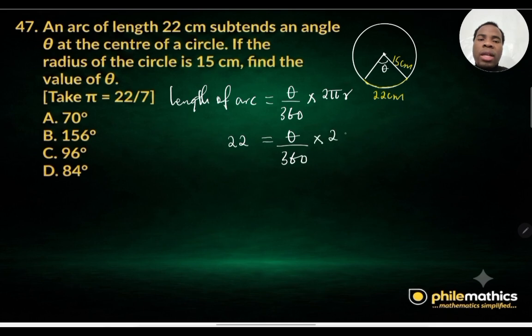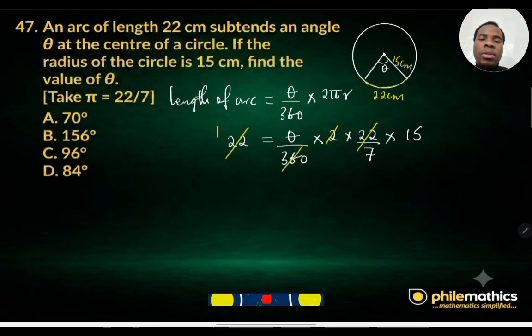We are asked to take pi as 22 over 7 and radius as 15. 22 can cancel 22, so we are left with 1 here. 2 can cancel 360, and that will be 180. 15 can cancel 180. 15 into 18 is 1.